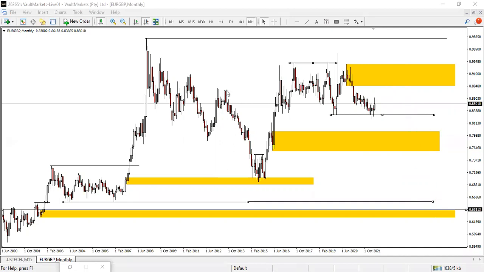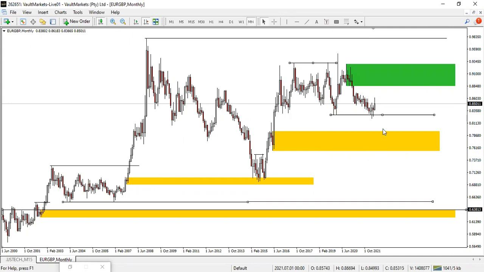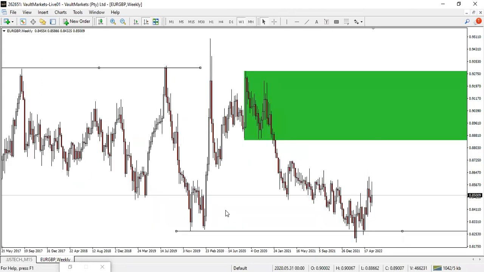That's what I'm expecting on a monthly time frame. So now this is our point of interest. Use a different color so that when you get to those areas, it will be visible. So now expect the touch here and here. All right, so now we will go to a lower time frame.